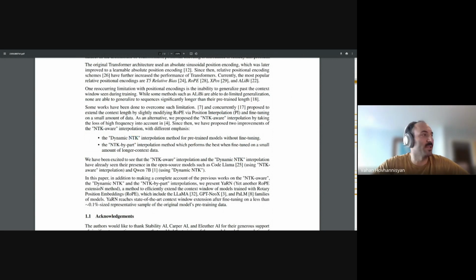Thanks. The idea with this NTK theory is that we study how the model learns, how the weights change as we train the model, right? The idea is that we represent the original model, with random weights, as a Gaussian process.